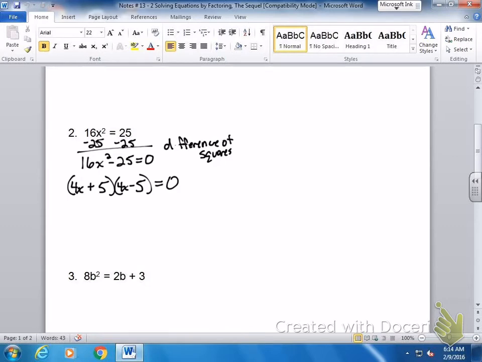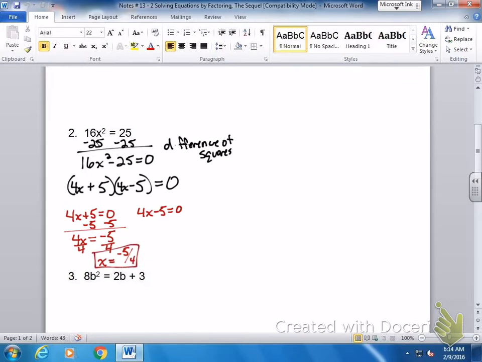Now we can go ahead and solve. We have 4x plus 5 equals 0, and 4x minus 5 equals 0. So on the first one, I'm going to subtract 5 from both sides. I get 4x equals negative 5, and I divide by 4, and I get that one of my solutions is x equals negative 5 over 4.